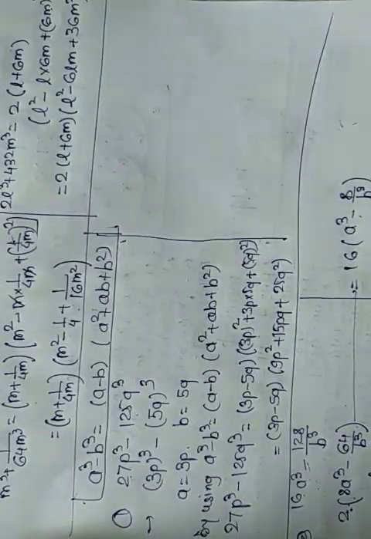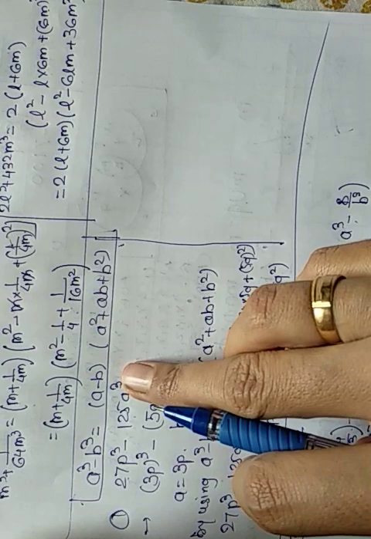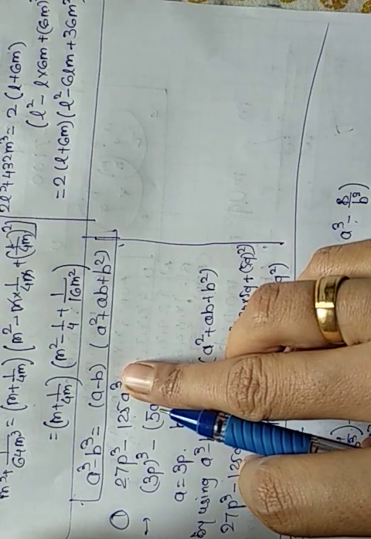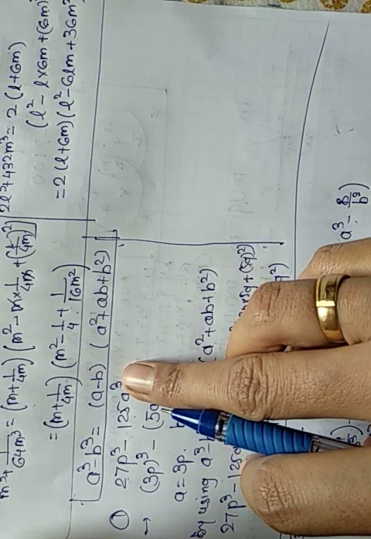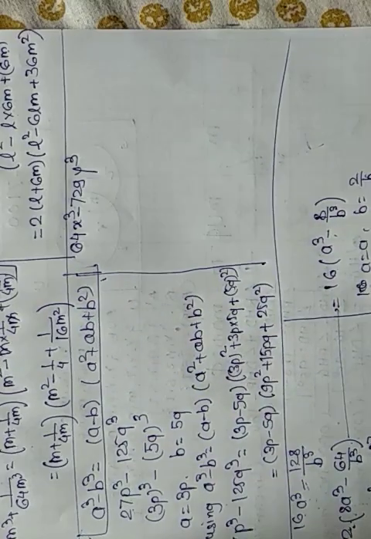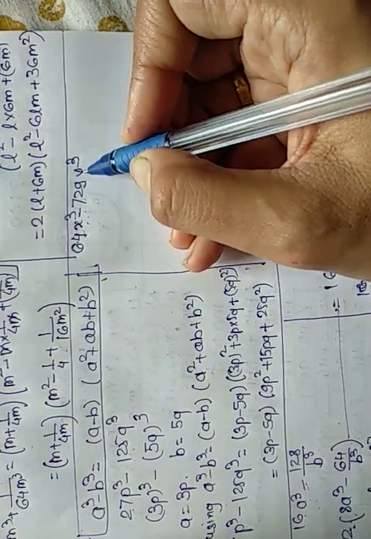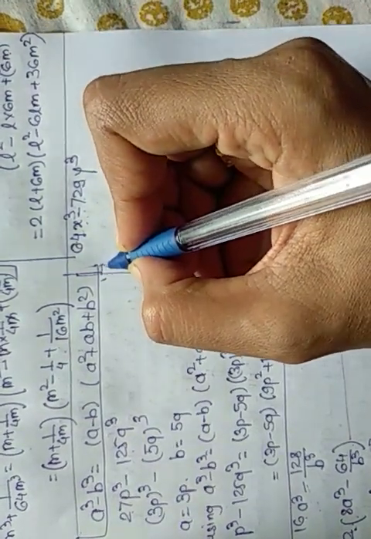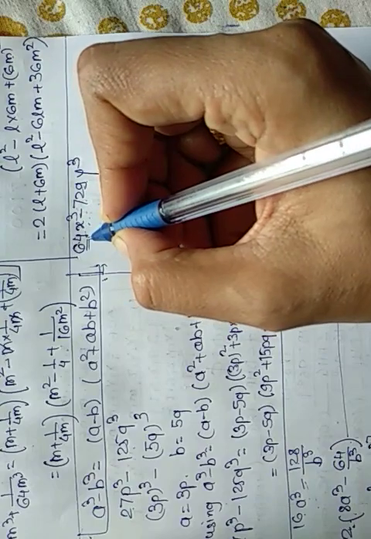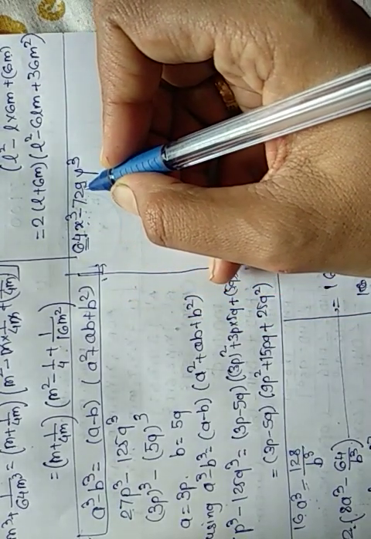Now let's see a simple example using this formula. Now you are familiar with this formula: a cube minus b cube is equal to (a minus b) into bracket (a square plus ab plus b square). The next example, 64x cube minus 729y cube. Let's see, 64 is the cube of 4 and 729 is the cube of 9.